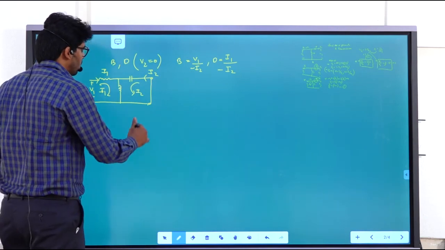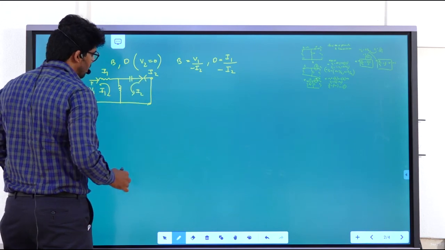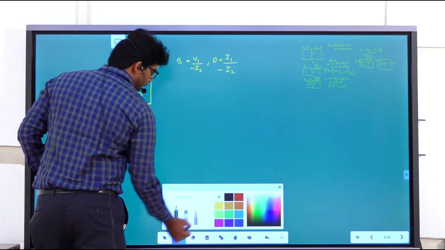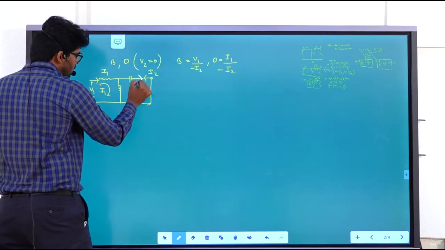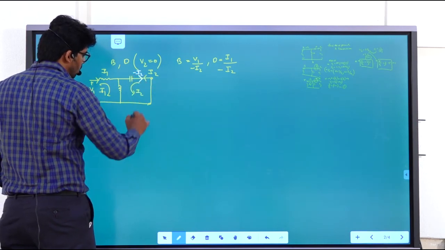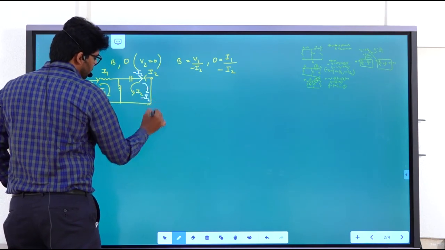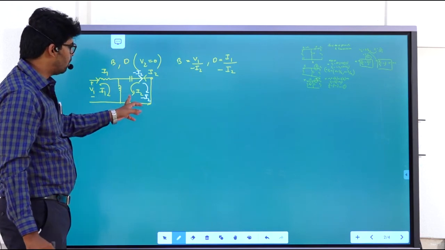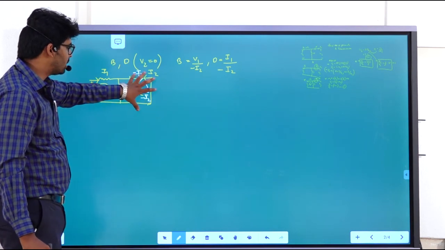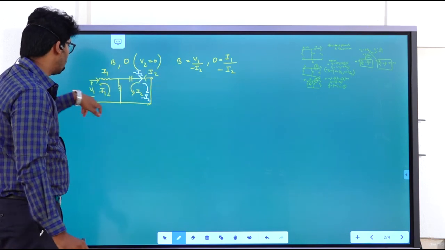So we'll assume a direction of flow like this, which is what we require for the ABCD parameters, that is minus I2. Now I'll write the loop equation in this direction, naming the current minus I2. But actually the circuit direction is giving the standard parameters, but we need the ABCD parameters. So how we'll do that, we'll see now.